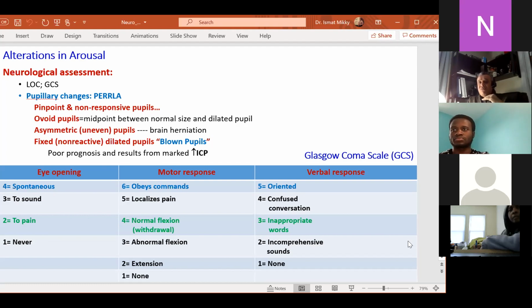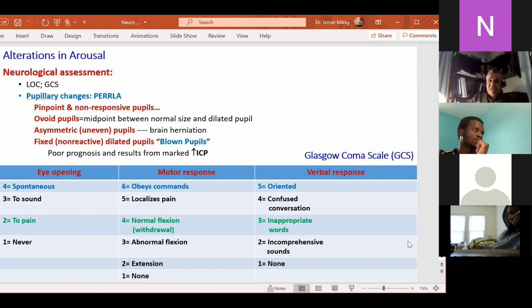Now, fixed, non-reactive, dilated pupils, which some refer to as blown pupils, are another form of poor prognosis, and that would also result from marked, severe, constant, elevated ICP.